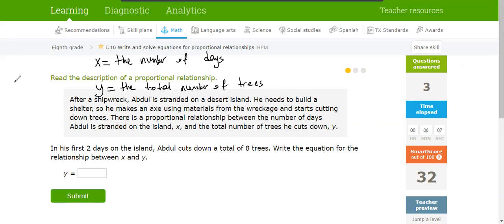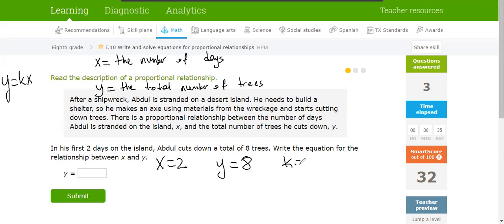And don't forget Y equals KX. This is a proportional relationship. In his first 2 days on the island, so the X is going to be 2. Abdul cuts down a total of 8 trees. So the total number of trees will be Y. So Y is going to be 8.